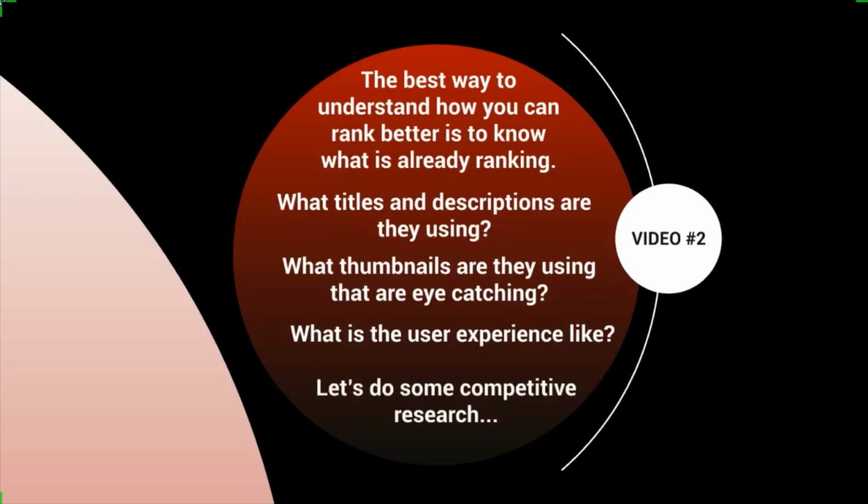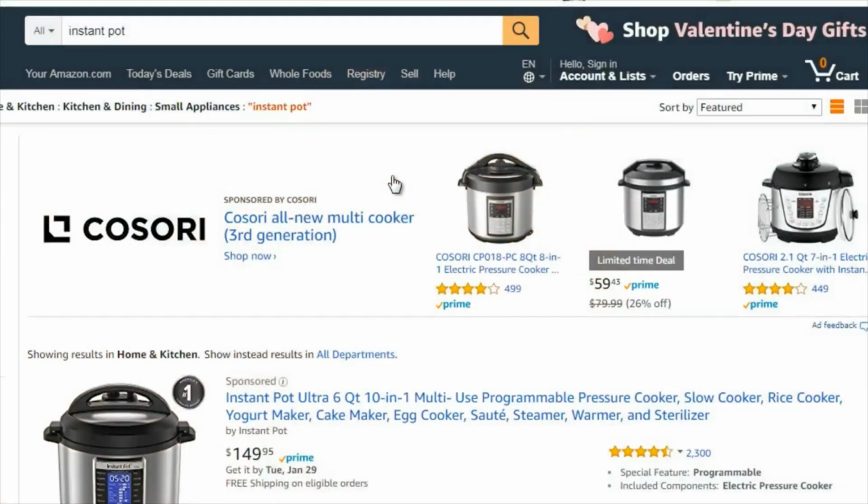So let's go ahead and do some competitive research. For the sake of making sure that we find YouTube videos that actually relate to promoting a product, what I want to do now is just pick a product out of the blue and let's take a look at YouTube.